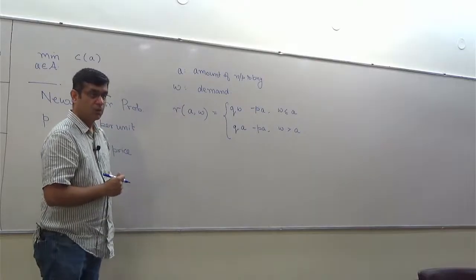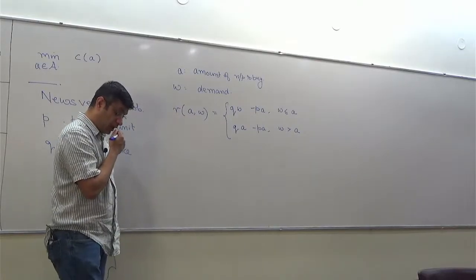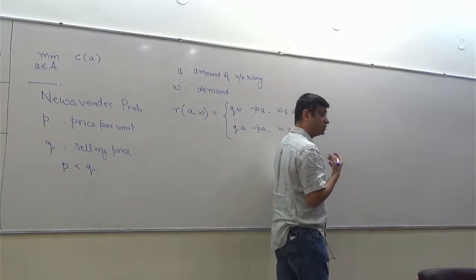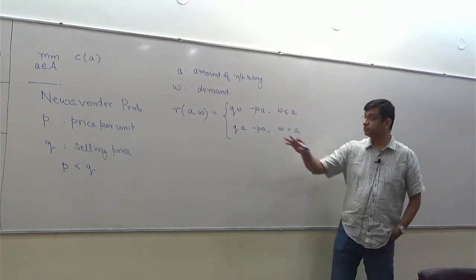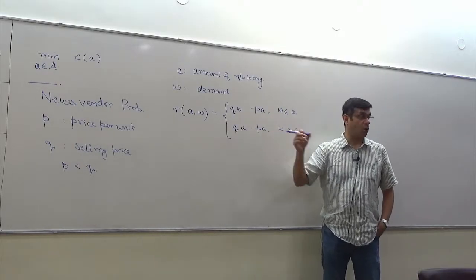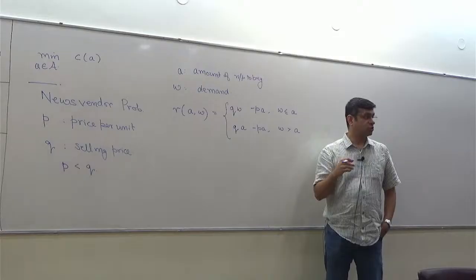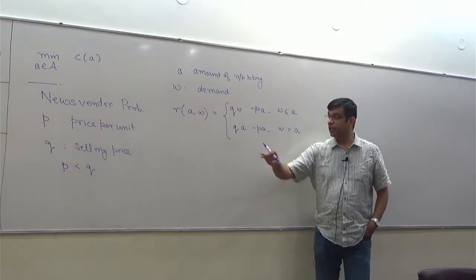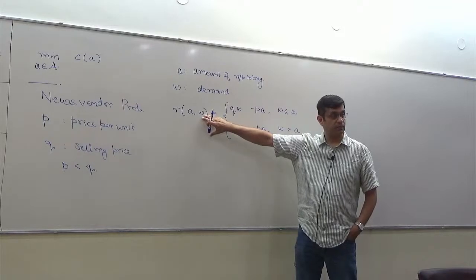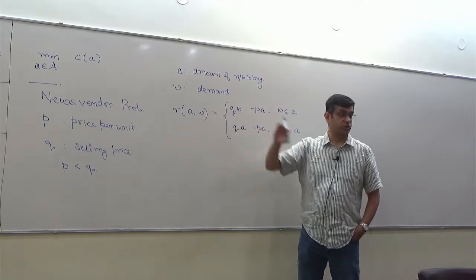Now, in order to pose the question of what is the optimal amount of newspapers to buy, if I do not know the demand, I have to make some modeling assumptions. The most common way to model this is to say that W is a random variable, and I know the probability distribution of this random variable.